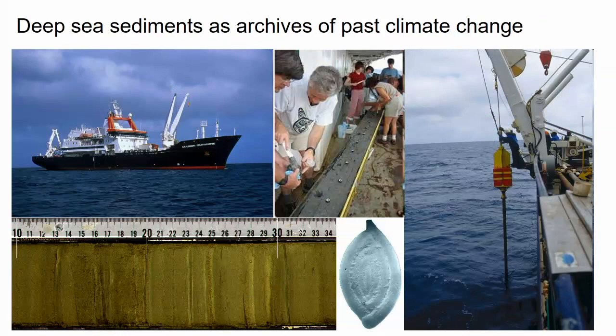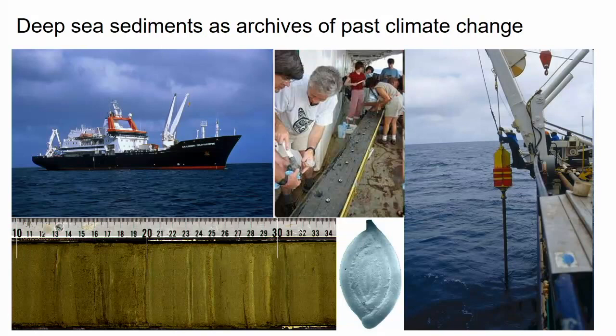One of the main places that we get paleoclimate information is the ocean, and that's largely because the ocean provides a very continuous sedimentary record, because sediments are continuously deposited in the ocean. We don't have many gaps in sedimentation.